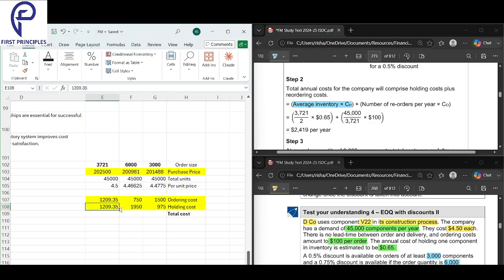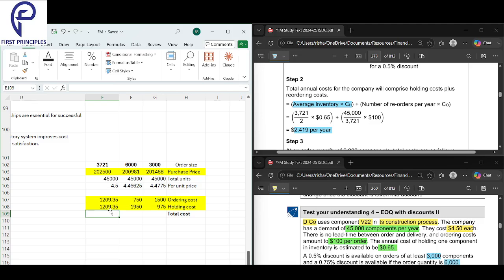Now how much is it costing us? This is our total holding cost plus this ordering cost. If I add these two, 1209 plus 1209, is 2418.7, so 2419 rounded off. This is my total cost for a year.